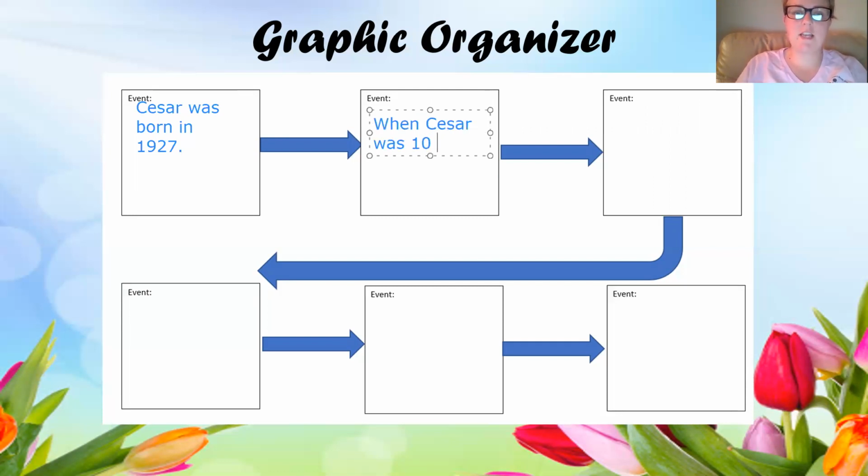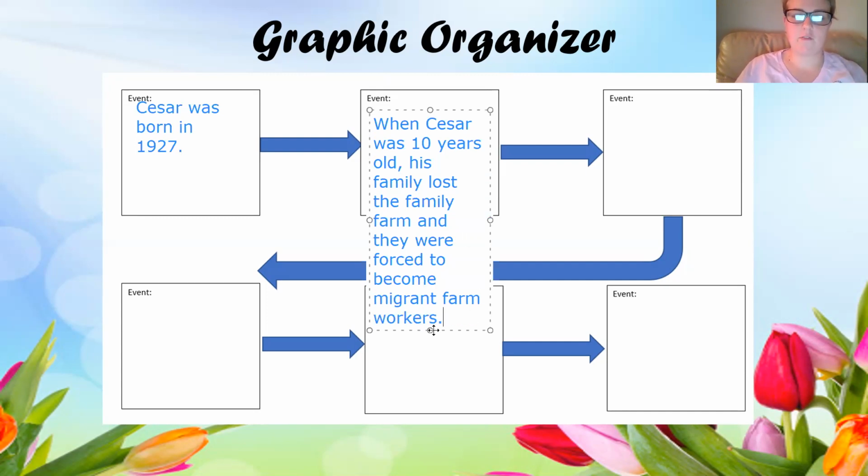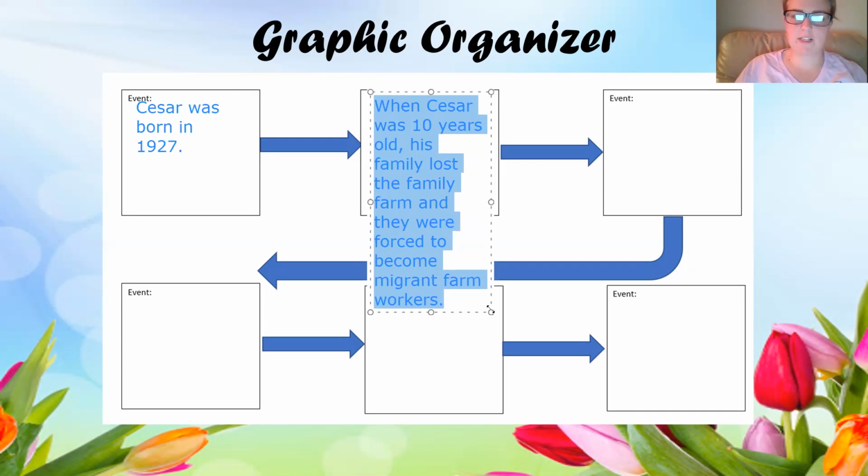When Caesar was 10 years old, his family lost the family farm and they were forced to become migrant farm workers. I don't know if I can make this smaller. Well, that's not working out so great. Here, let's see if we can just make it like this. There we go.